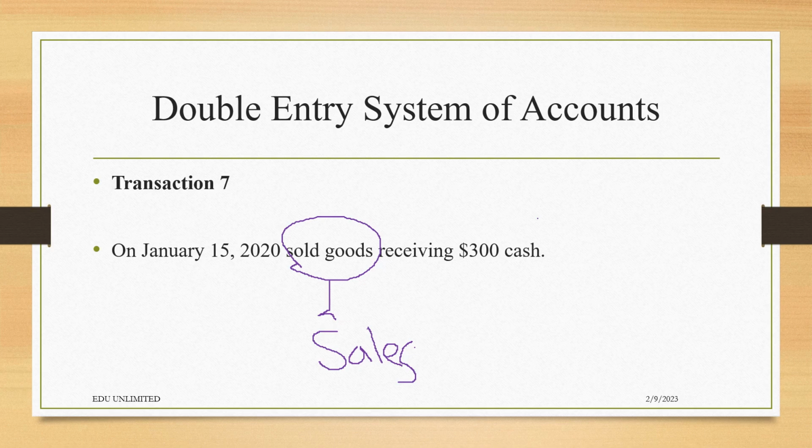So we circle cash so that cash is increased. So we debit this asset account called cash, but we will not use sales, but we will use the term stocks. So that we will credit the stock account.